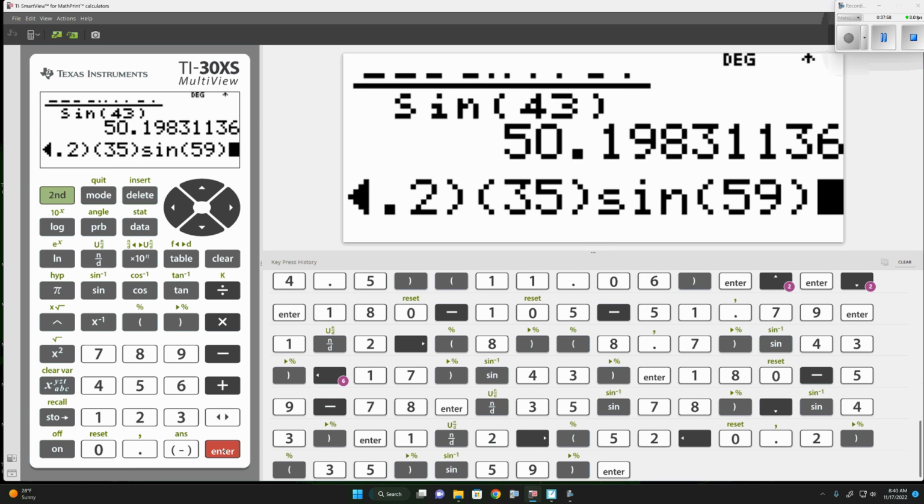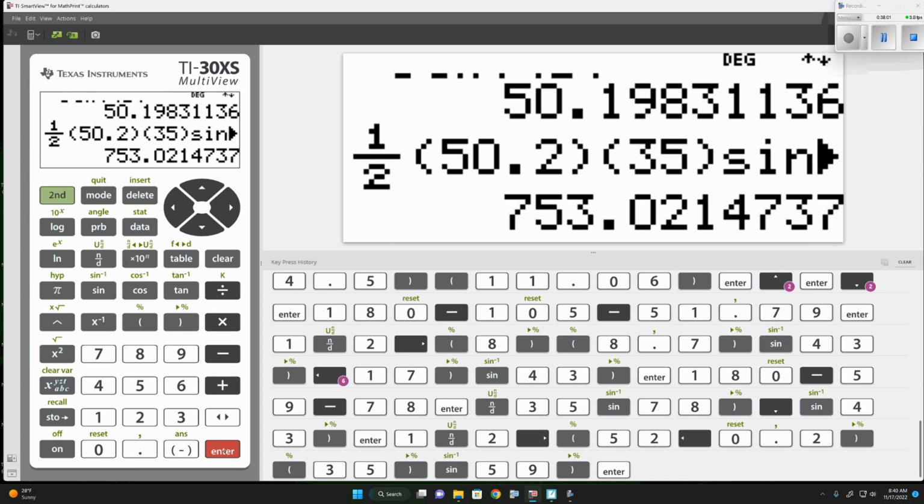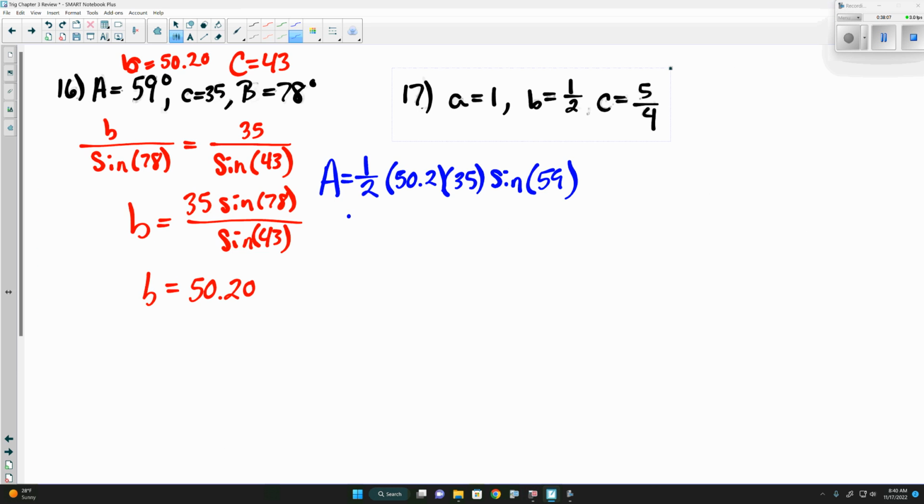Yep. And we get 753.20 as our area. Questions on this here? These are a little more challenging because we actually have to find the missing side length and then go from there. Questions on this one here?